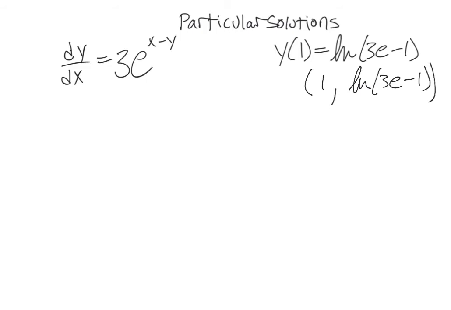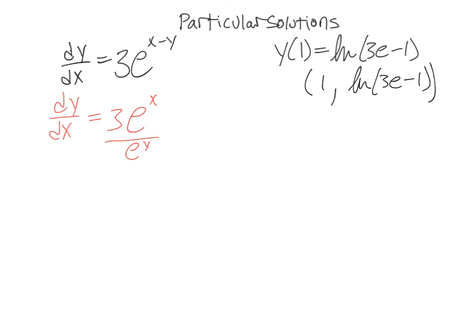That's going to let us figure out what c is once we have a general solution. So let's go back to our thing here. We have x minus y in the exponent. That looks kind of gross. I'm going to rewrite this as 3e to the x minus y. That means that we divided stuff. So 3e to the x over e to the y.